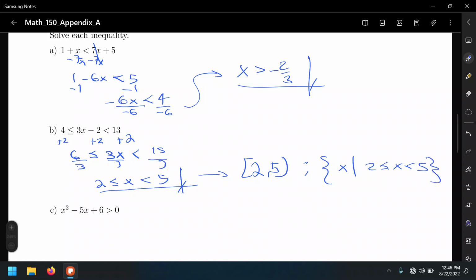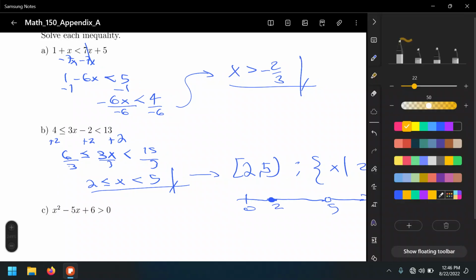And of course we can draw the graph of this, but be careful because there is a solid bubble for 2 and an open bubble for 5. If this is 0 right here, this is 2, this is 5, and we highlight this set.